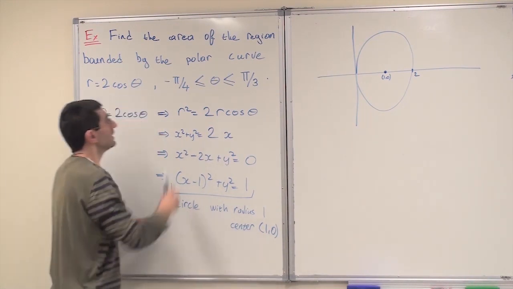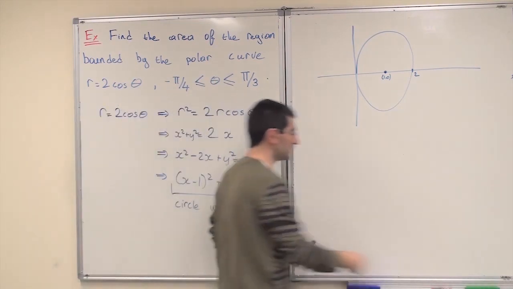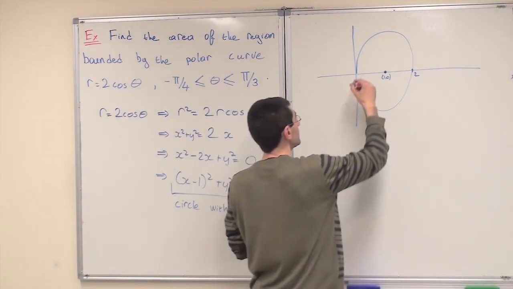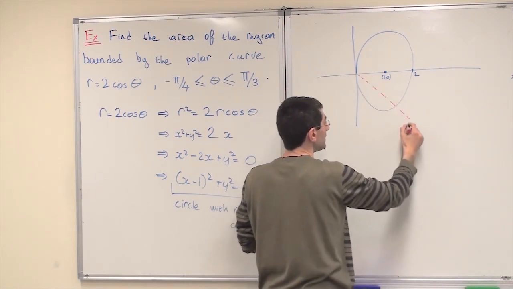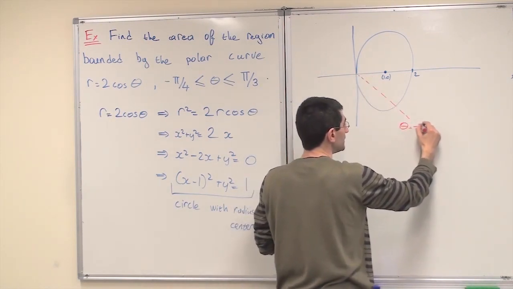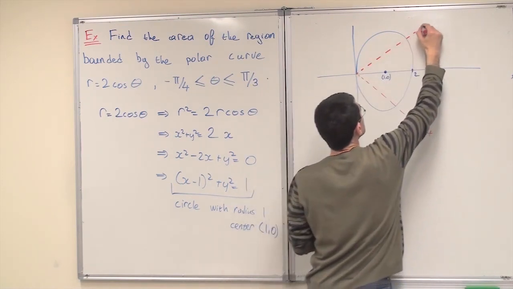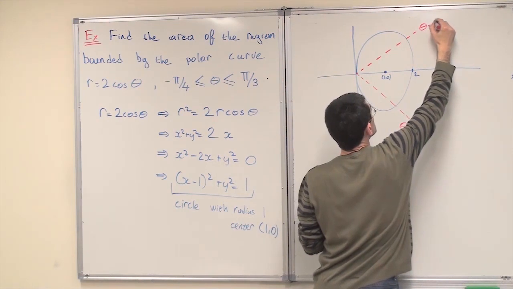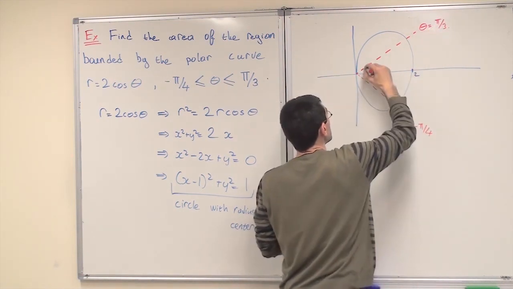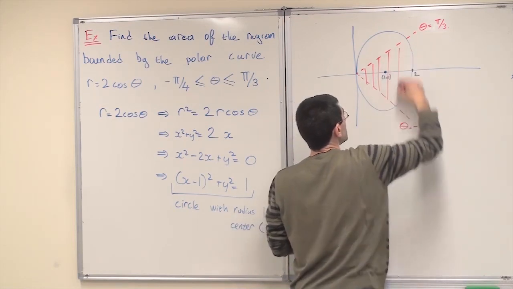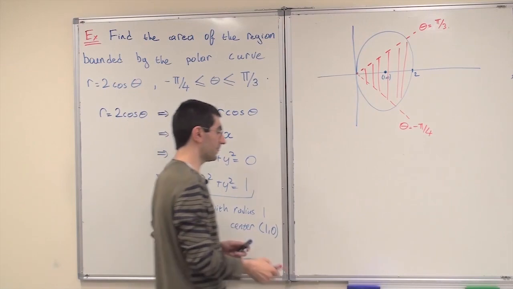Then let us mark the range for theta on this picture. So here is theta equals negative pi over 4, and here is theta equals pi over 3. So we want to calculate this region.